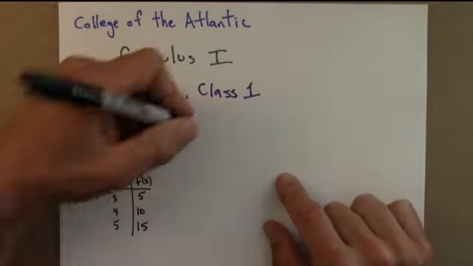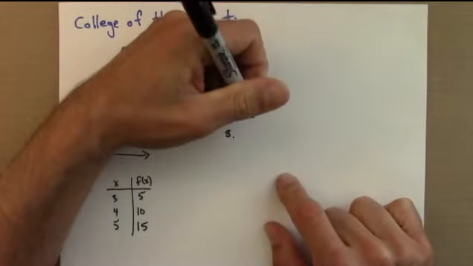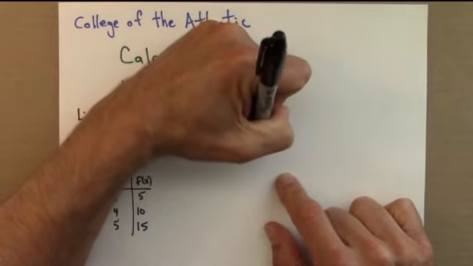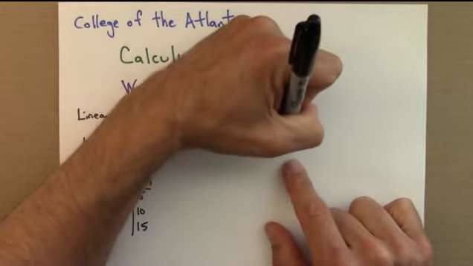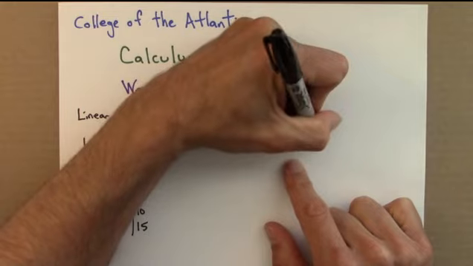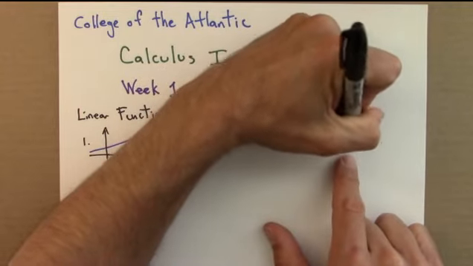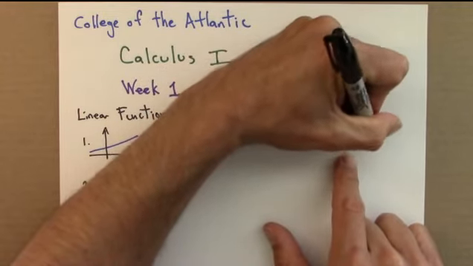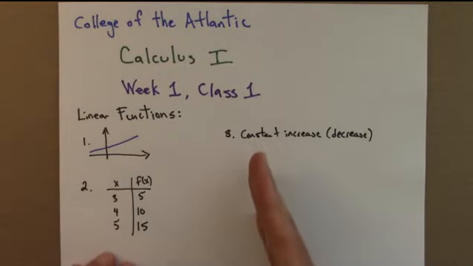We can take that statement and translate it into words. And so there's a constant increase or decrease. So for every step forward, the function goes up or down by the same amount.